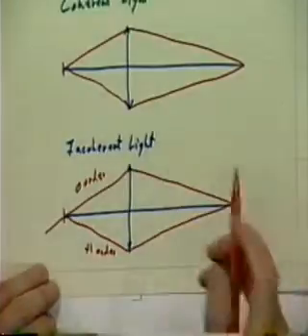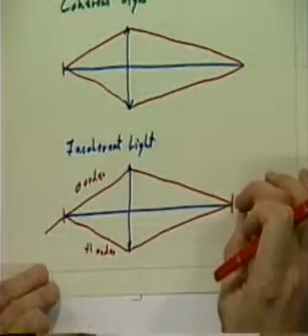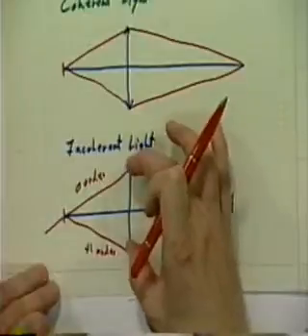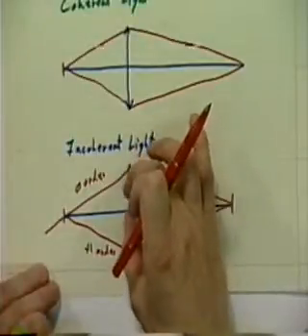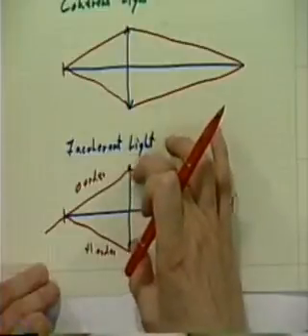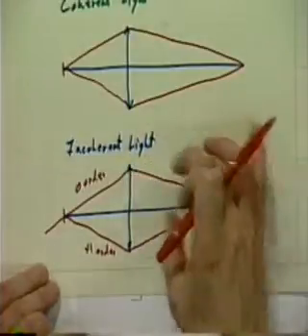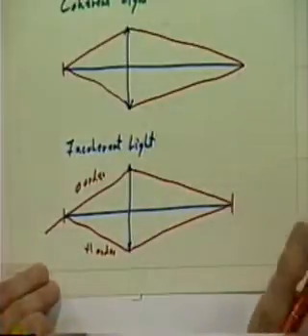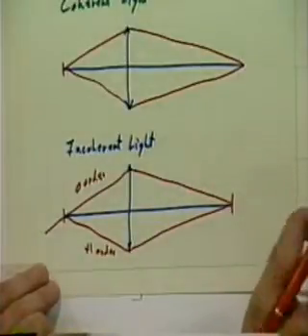And so for light at the cutoff frequency, the light is going through just the edges of the lens. We're not even using the center portion of the lens when we talk about light forming the image at or near the cutoff frequency. Okay?